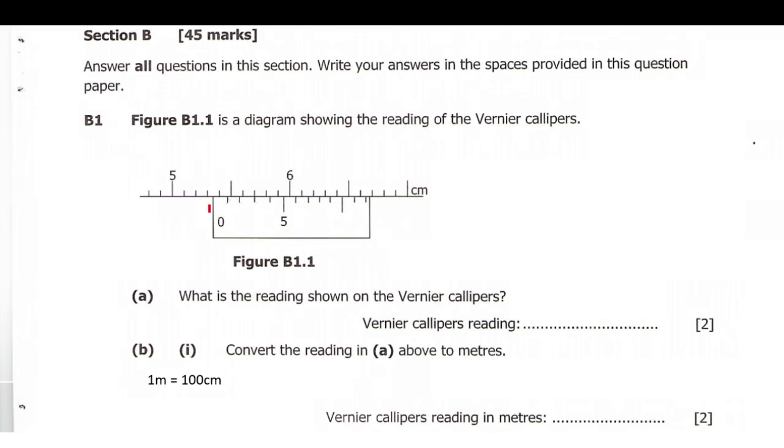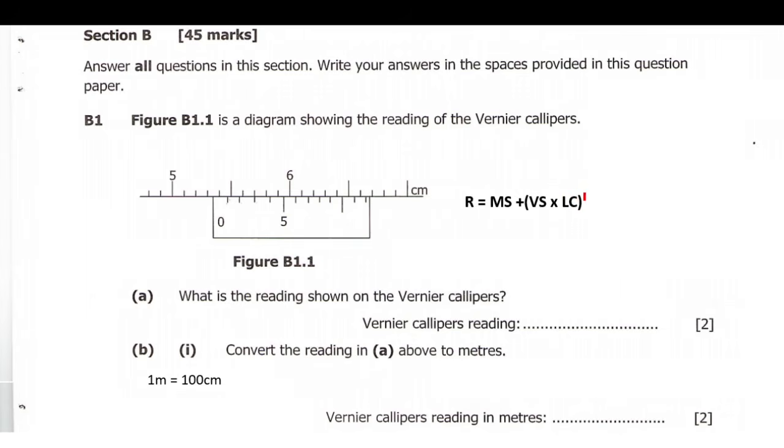So for you to be able to know the reading, you need to have a formula to find the reading on the Vernier caliper. The formula is reading, R for reading, is equal to MS, which is main scale, plus, open brackets, VS, which is the Vernier scale, multiplied by LC, which is least count.